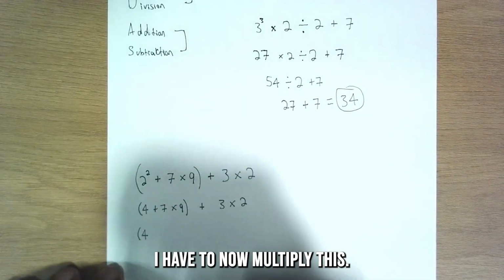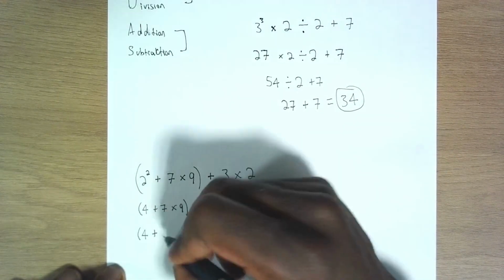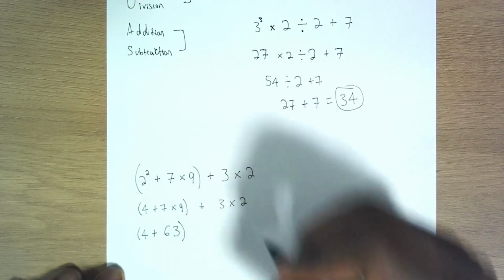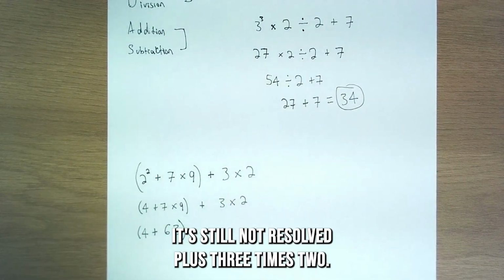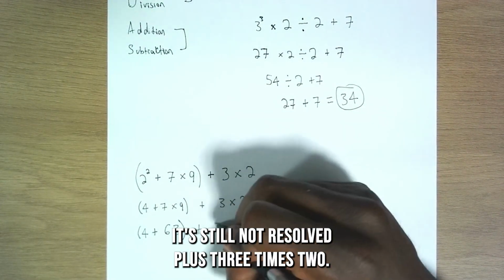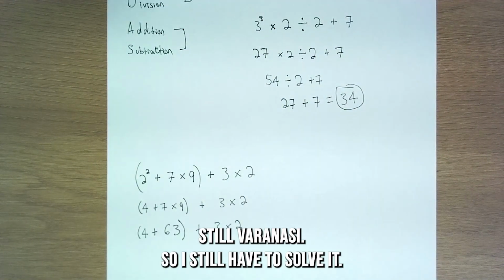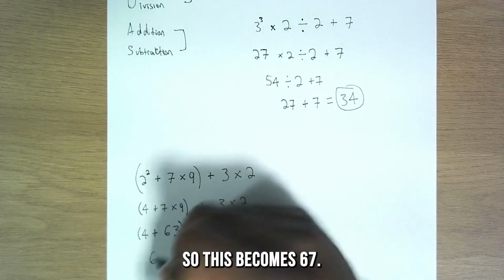I have to now multiply this: 7 times 9, which is 63, which is still in parentheses. It's still not resolved. Plus 3 times 2. Guess what? It's still in parentheses, so I still have to solve it. So this becomes 67.